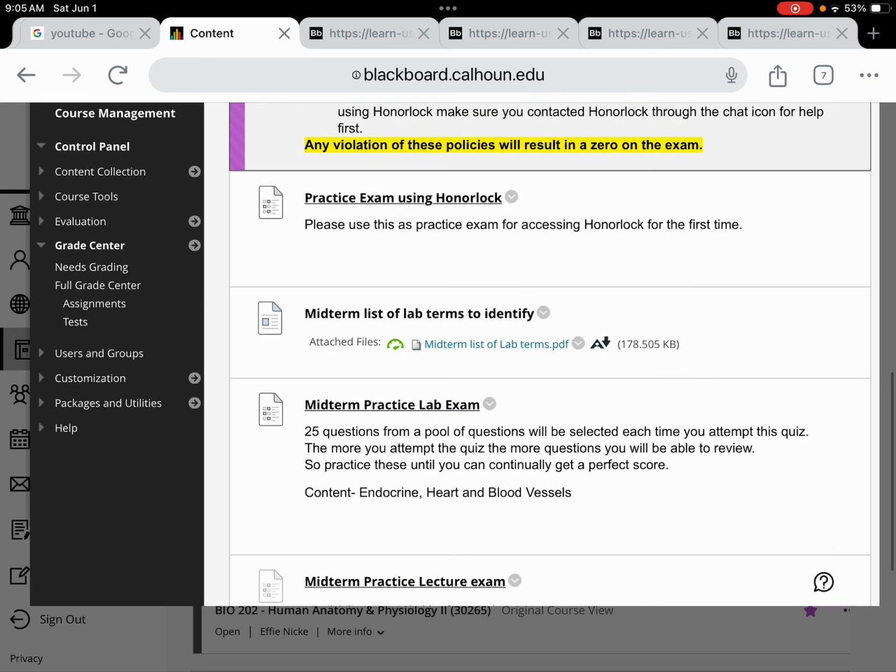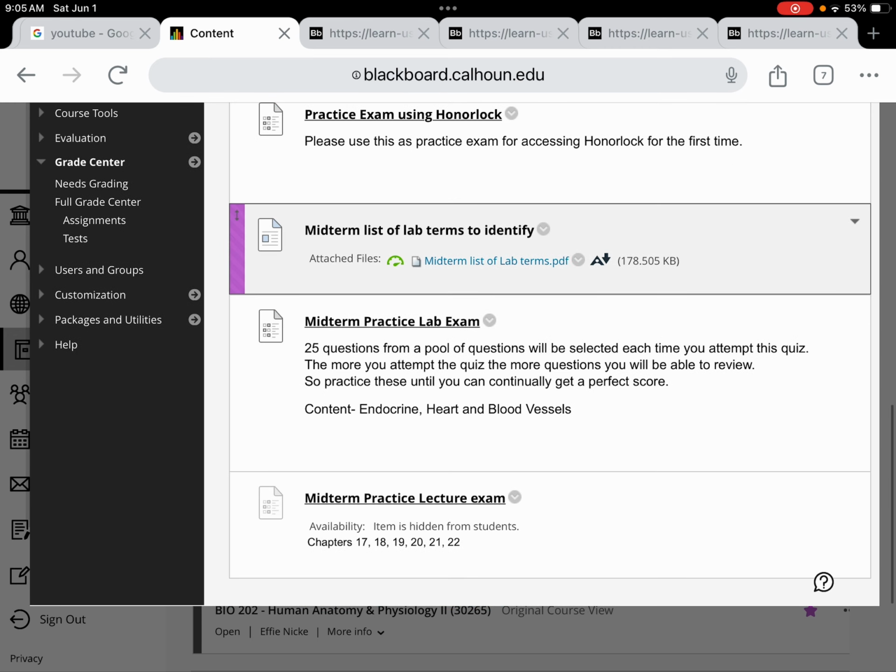So that is once we get to the practice lab. There will be a practice lecture exam. Right now, it's not pulling the questions in the way I want it to. It's taking all of the questions and pulling them instead of just the ones that I want you to be able to look at. So I have to fix this, but again, I'm in a place where my internet is not behaving.